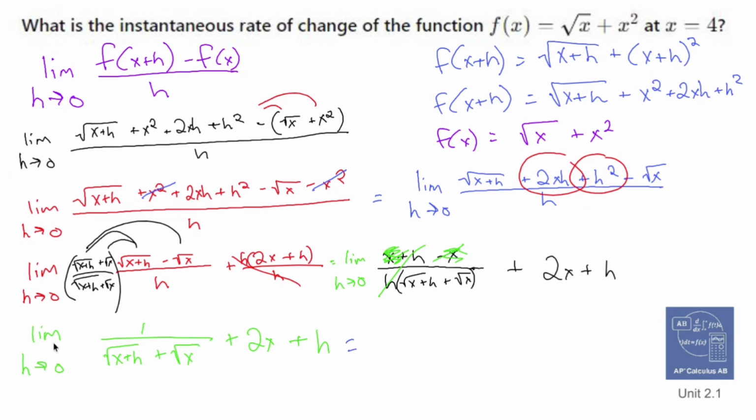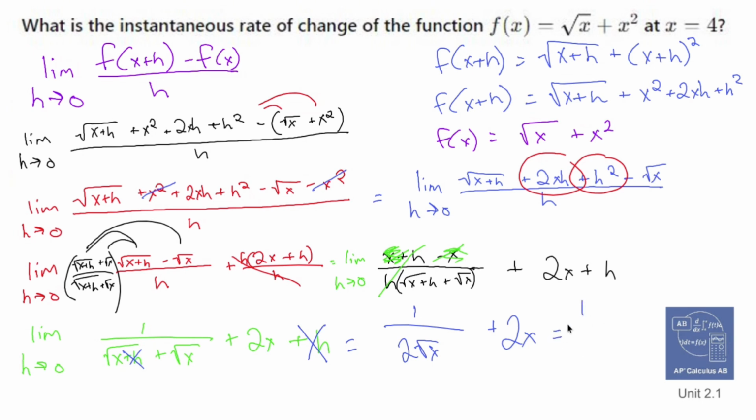If I plug in my 0 for h, those h terms will go away. And that leaves me with 1 over root x plus root x, which is 2 root x, and then plus 2x. Still not done yet, because x is 4. So now I have to replace x with 4.